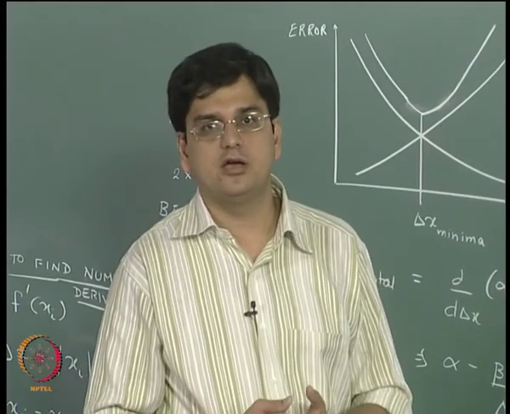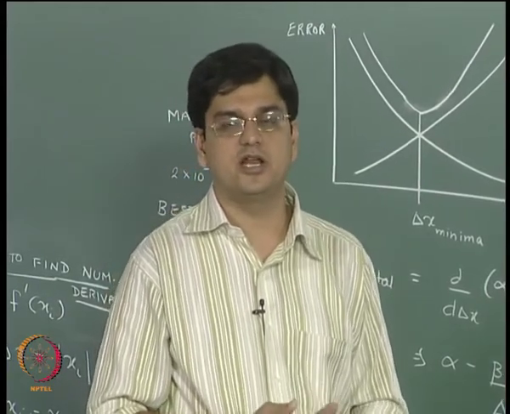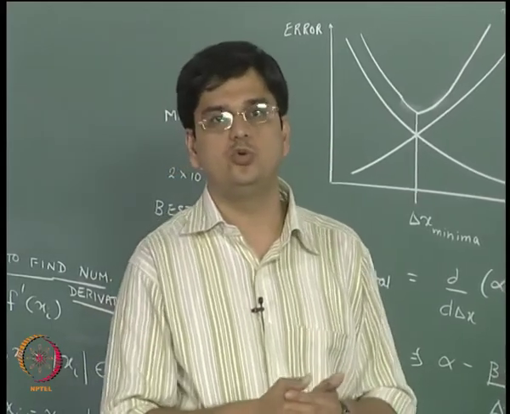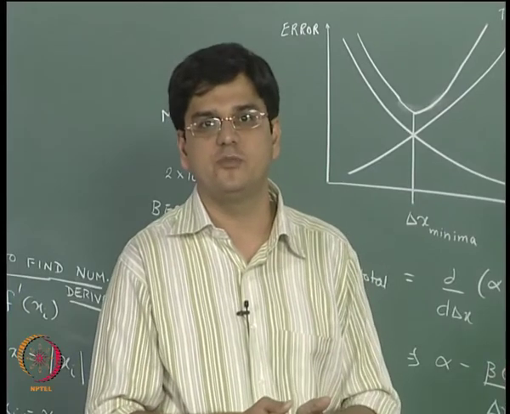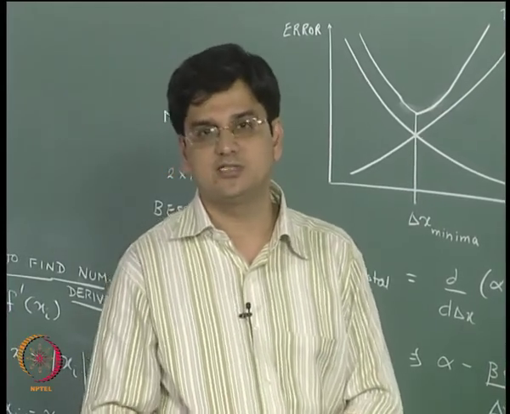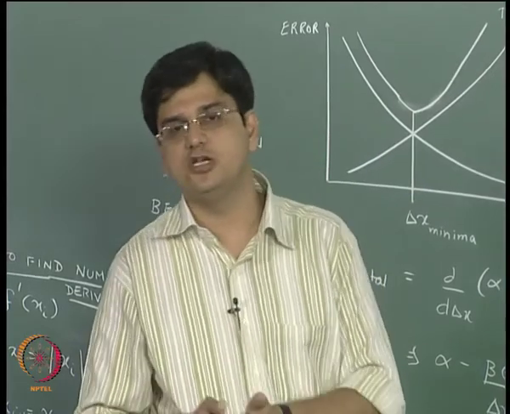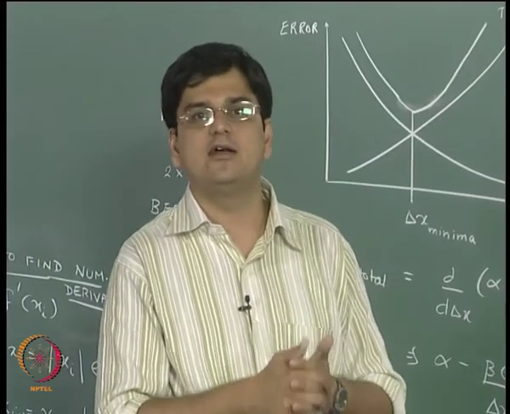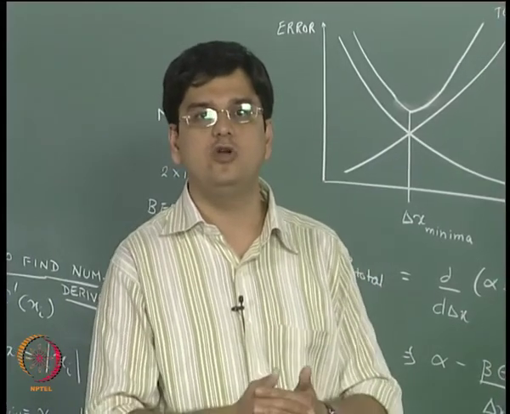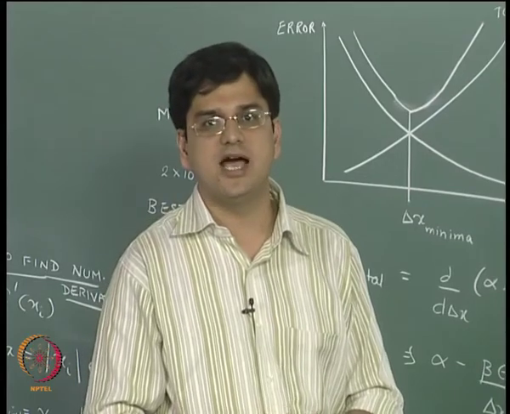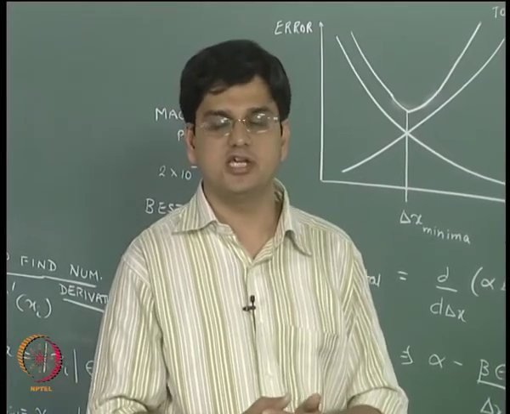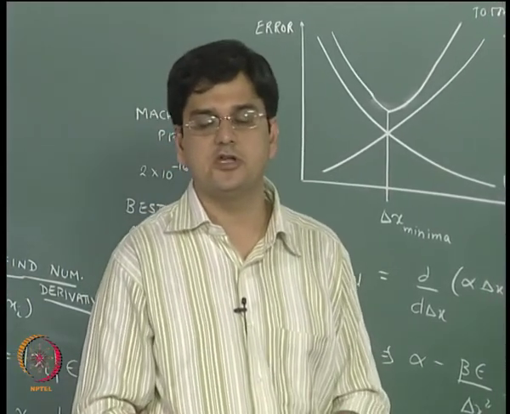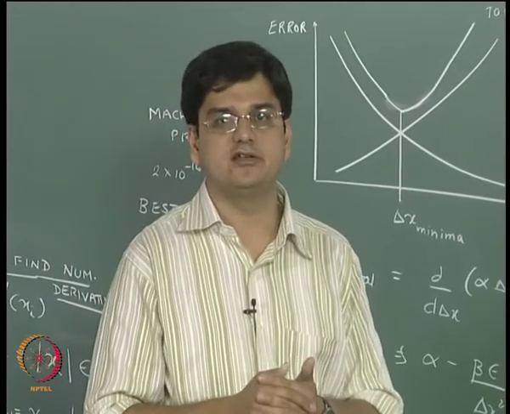After that we covered the error analysis, the truncation error. We saw that the error in f dash x was proportional to delta x for the forward difference formula, proportional to delta x squared in the central difference formula, and proportional to delta x squared in a 3-point forward difference formula. Then we saw that as delta x is changed, round off error increases as delta x decreases, the truncation error decreases as delta x decreases, and there is a particular value of delta x at which the error is minimum.